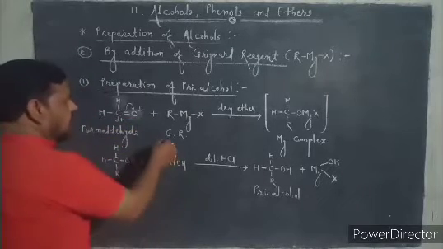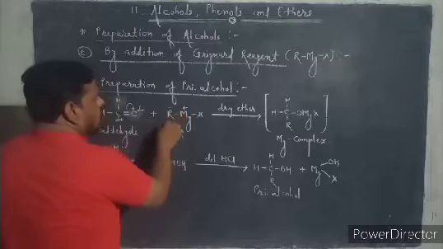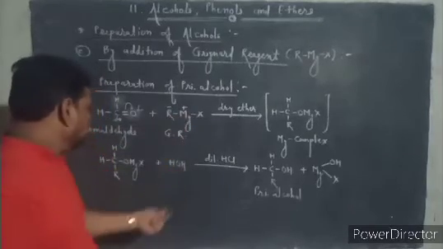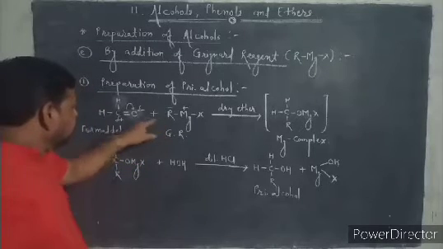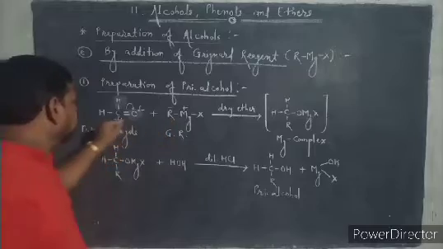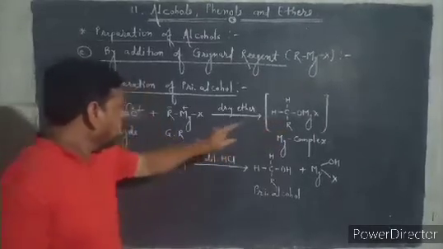See, RMgX dissolves and it gives the R negative part and this MgX is the positive part. Then this alkyl group gets attached to this carbon atom. See here.